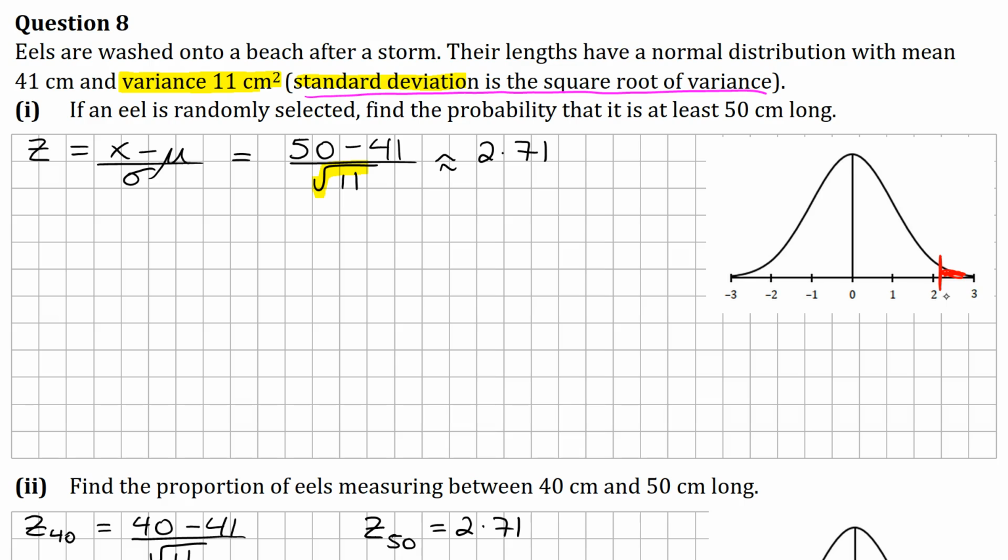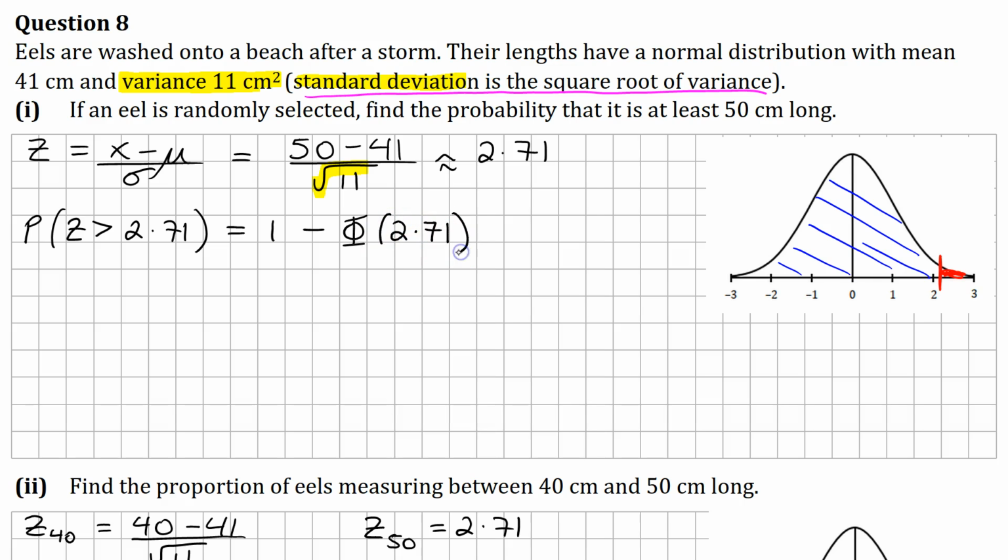Basically I want the part above, but obviously our tables only go to the left of that. So in order to do this, I need to do a 1 minus. The probability that z is greater than 2.71 will be equal to 1 minus phi of 2.71. Phi of 2.71 is the blue part.